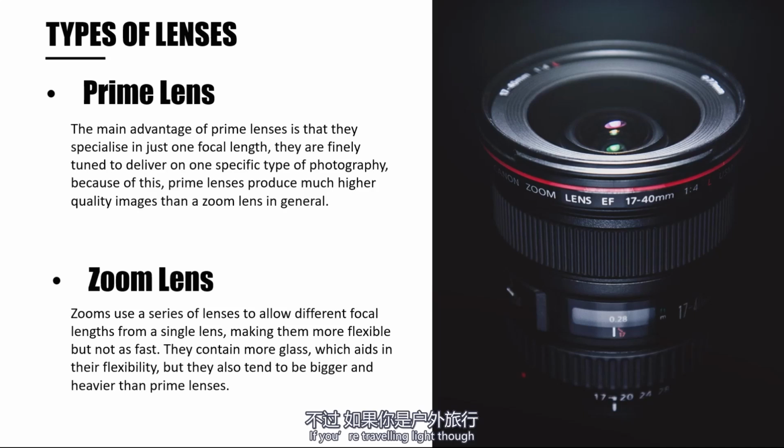If you are traveling light, though, you can find zoom lenses with much more range, such as an 18 to 270 millimeters, allowing you to photograph both close up and in the distance.